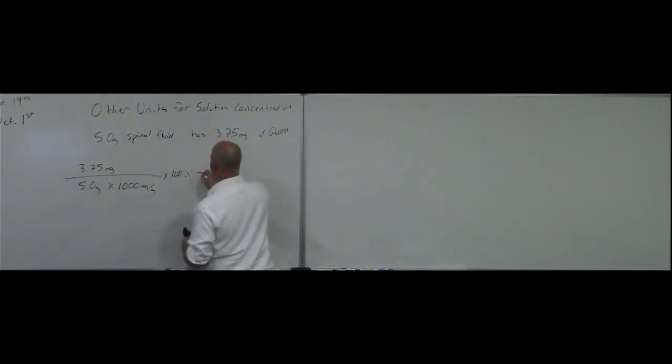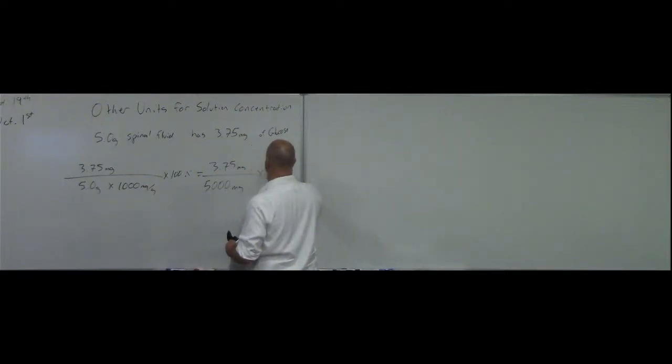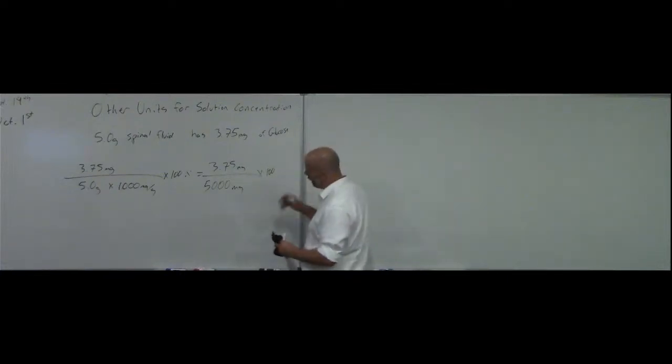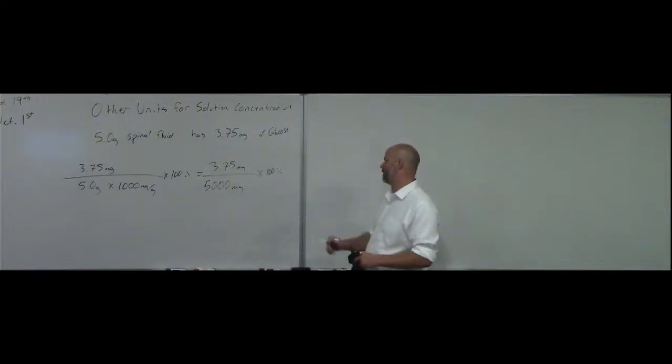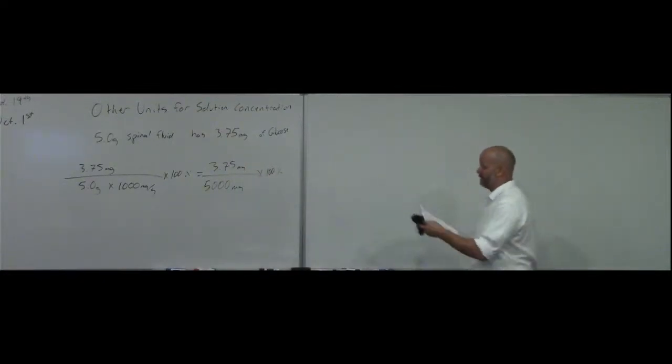So when I do that, and I want to simplify, I get 3.75 milligrams over 5,000 milligrams, right? Times 100. And what do you get? I don't need to go crazy simplifying everything, but you could just take 3.75 divided by 50. It would work too. So what do you get?